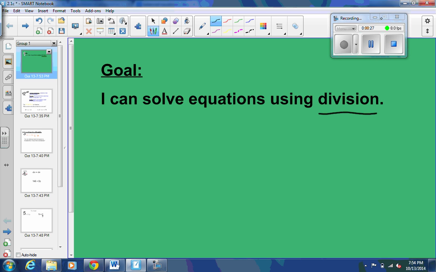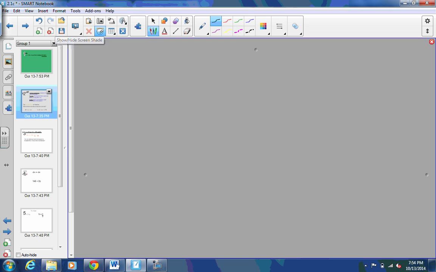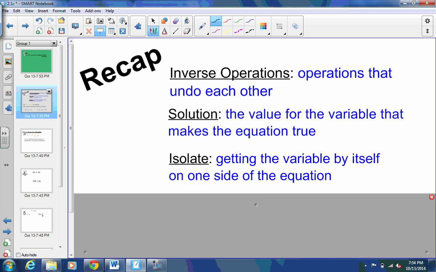So I just want to first recap a couple things that we've talked about recently about solving equations. This is really important stuff, things that'll help you. The first thing I want to talk about is actually three terms. The first one is inverse operations. Inverse operations are operations that undo each other.